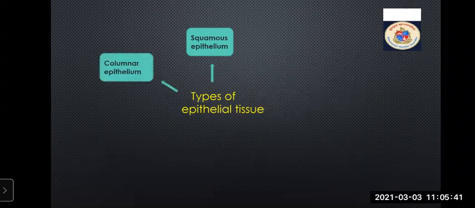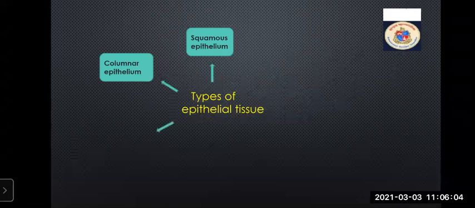Second is columnar epithelium. It is known as columnar epithelium because of the shape of the cell. It is column-like, rectangular, with a nucleus that is placed at the base of the cell. As the cells are elongated, the nucleus is present at the base.